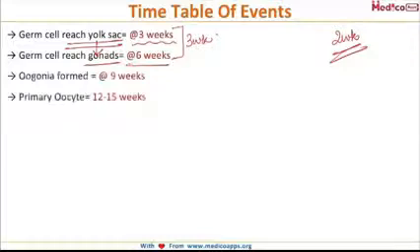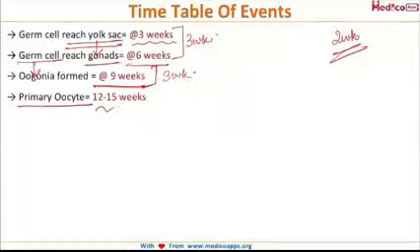These germ cells undergo rapid mitotic division, and this leads to the formation of oogonia. When does this happen? This is at 9 weeks of gestation. Again 3 weeks. A few of these oogonia enter the prophase of the first meiotic division, and they are called primary oocytes. And when does this happen? This is at 12 to 15 weeks of gestation, again a gap of 3 weeks.